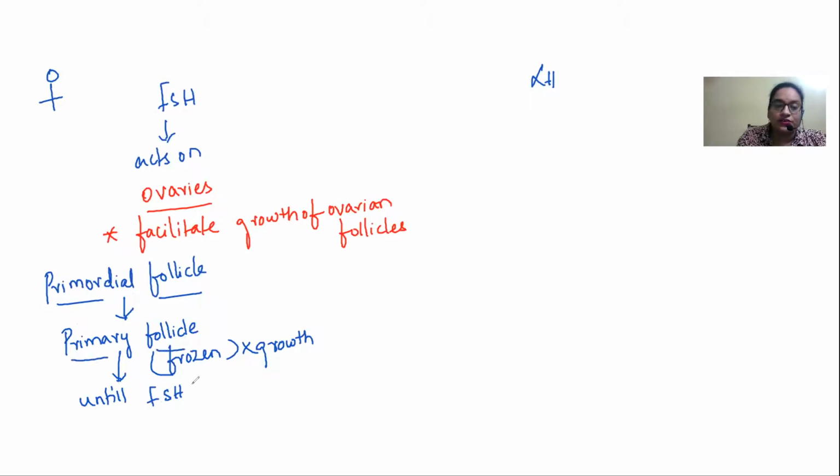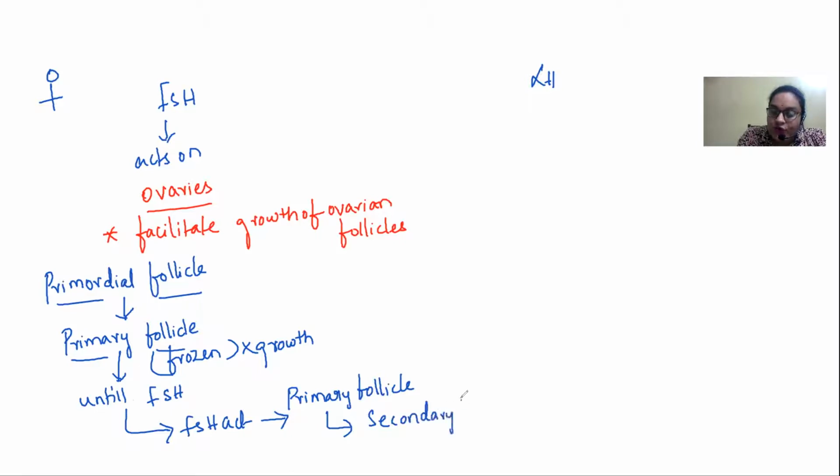There is no further growth. But once the follicle stimulating hormone acts, your primary follicle cells grow up into another stage, called secondary follicles.